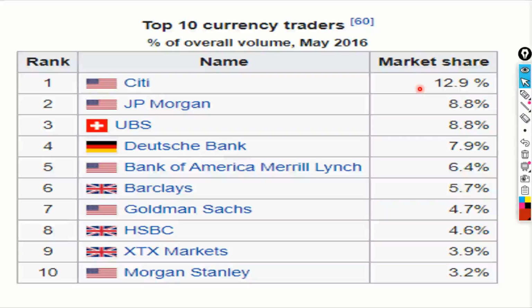If you add up the 10 banks, they will have a total of 60%. So more than 3 trillion is owned by 10 banks, and so they have a lot of money that they can use to manipulate the market at any given time, and they have a lot of resources. I'm going to show you everything and how they do it.